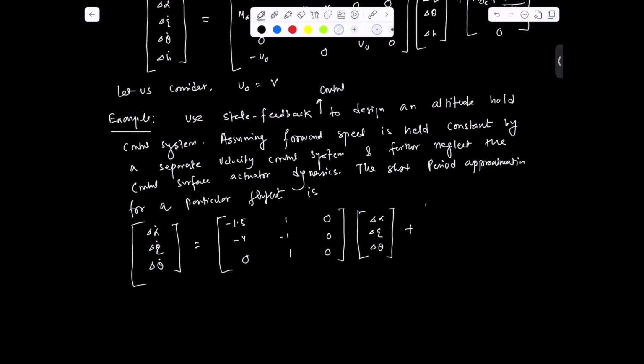This is the state vector, and the control vector is minus 0.2, minus 8, and 0.